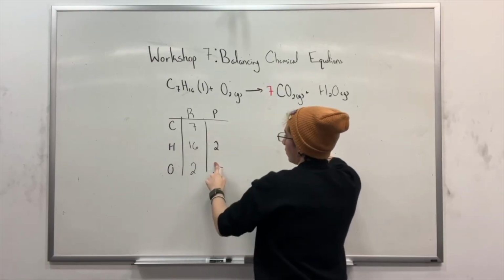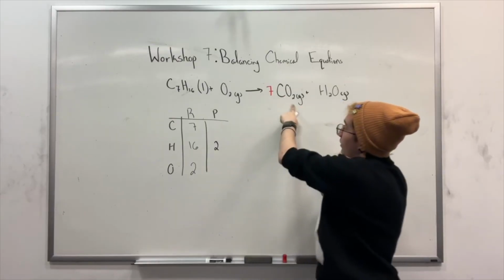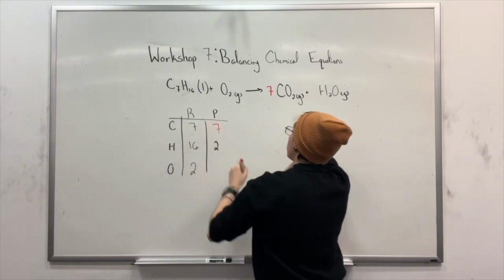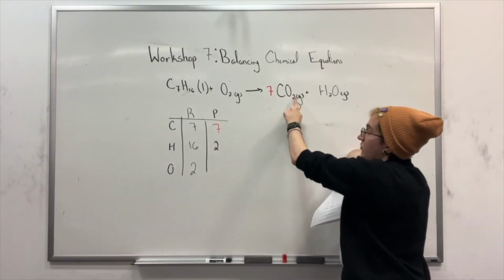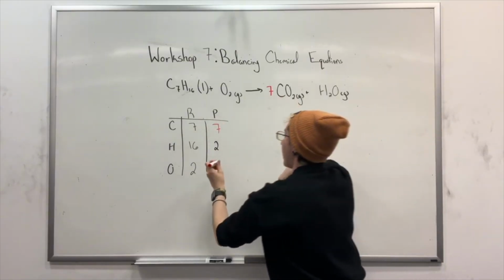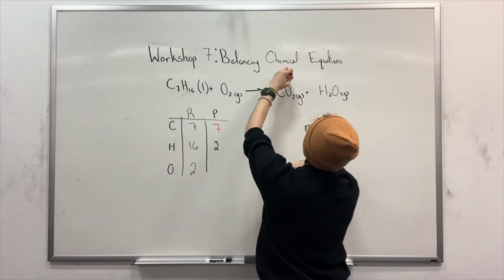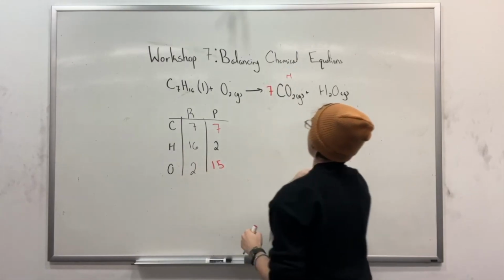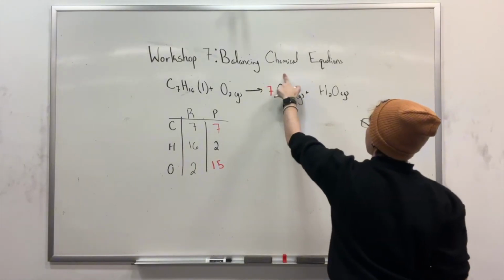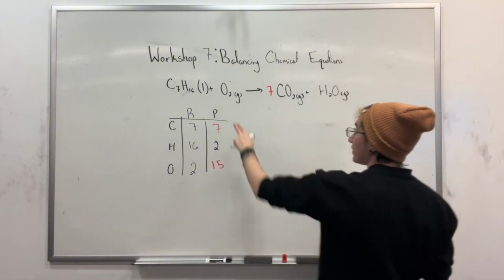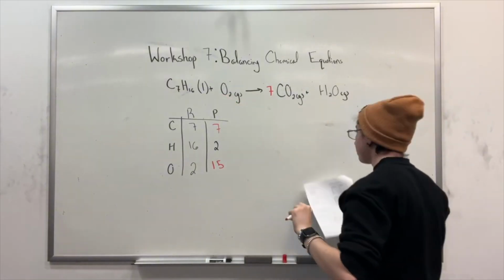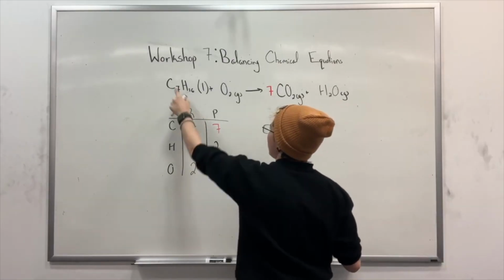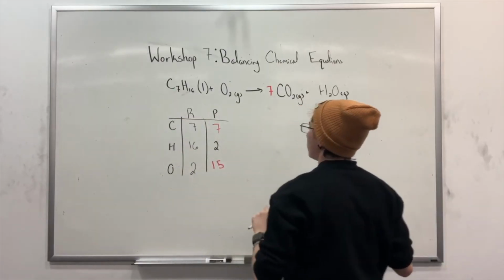And notice, because carbon dioxide contains carbon and oxygen, 7 times 1, we balanced our carbons, but now 7 times the 2 oxygens, we have 14 right here, and 1 from the one in our water. But we're not going to focus on oxygen yet, because again, we have lone oxygen here. So instead, we're going to finish balancing the C7H16.